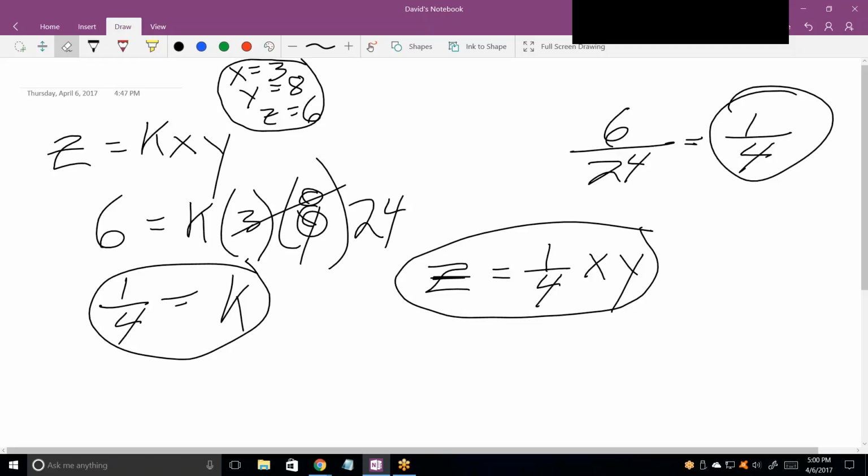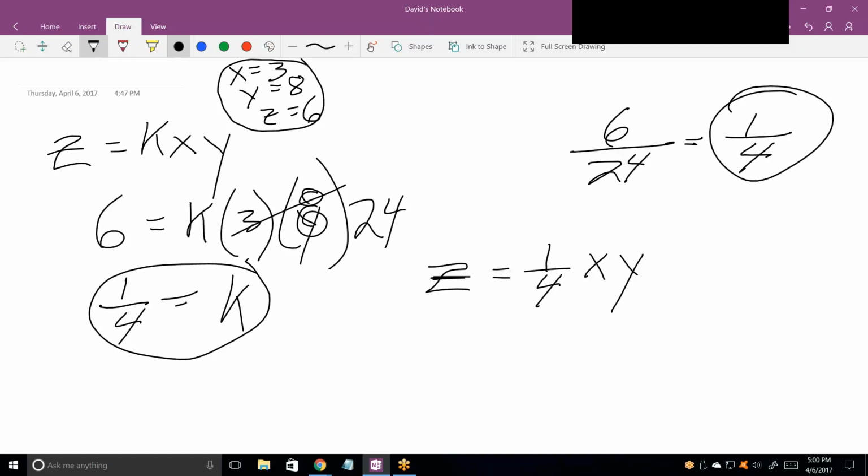Now the rest of it says, find z when x is -4 and y is 7. So we plug in the -4 and the 7 now.